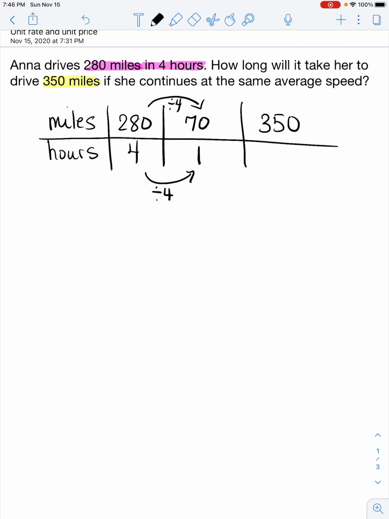Well, now if we take a look, I can see a relationship between 70 and 350, and if I multiply 70 times 5, I will get 350, and so I have to do the same thing down here to get 5 hours.